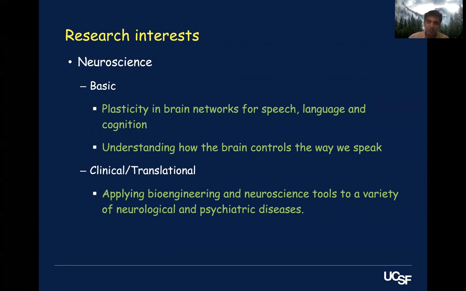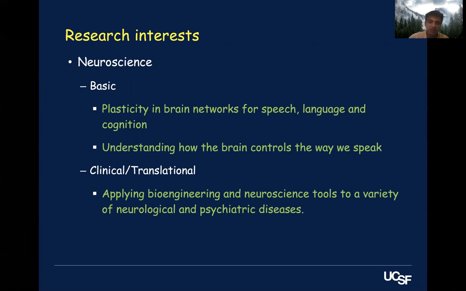The other big part of my basic neuroscience research is trying to understand how the brain controls the way we speak. Speech is a facile behavior that is uniquely human, and how we control the way we speak is something that's of great interest to me.